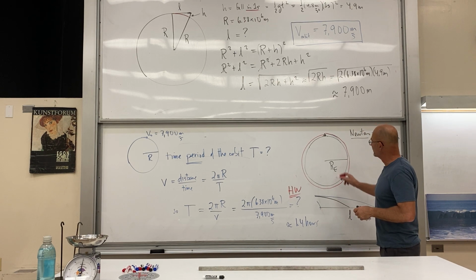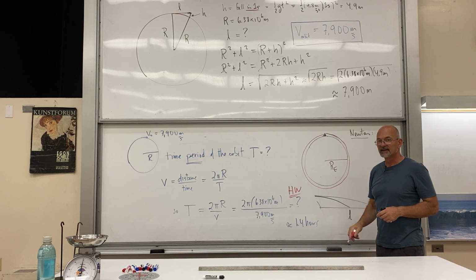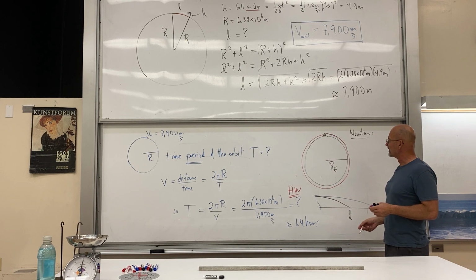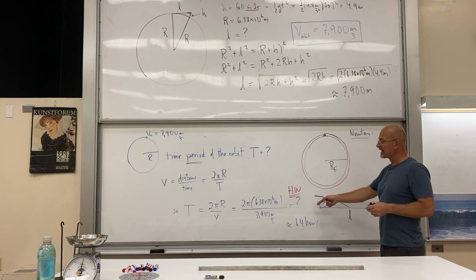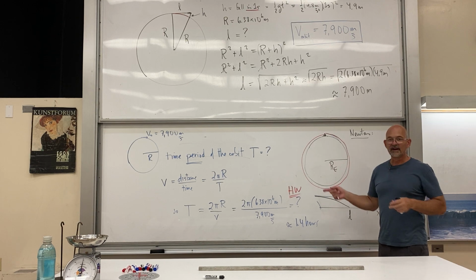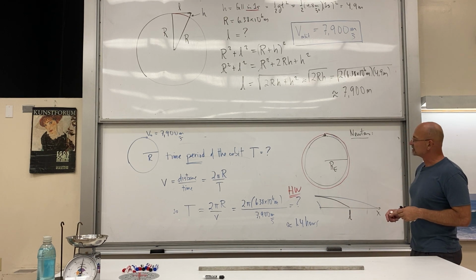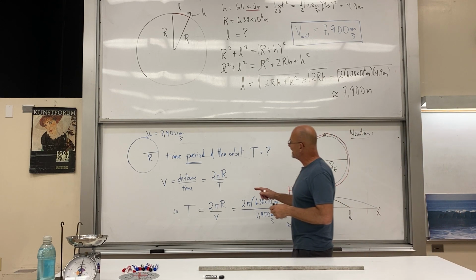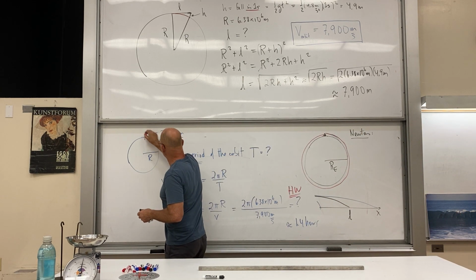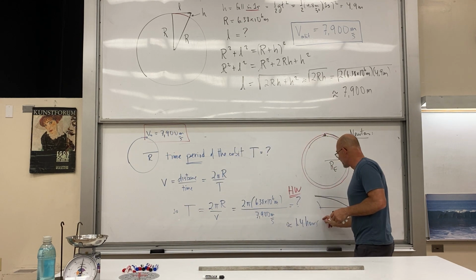So the astronauts in near Earth orbit, space shuttles, the International Space Station, are going around every 1.5 hours. And all the while the Earth is rotating underneath them. So it's a pretty interesting thing. Good, so that's from the orbital speed right here to the period of the orbit right here.